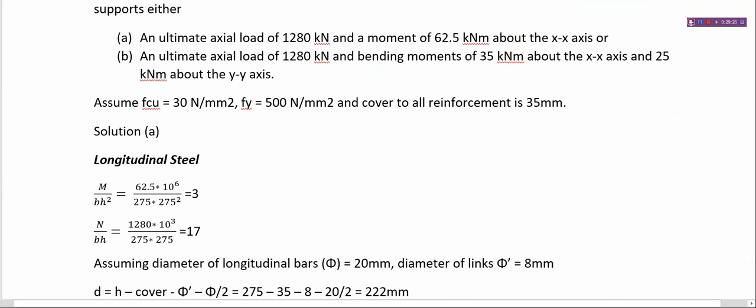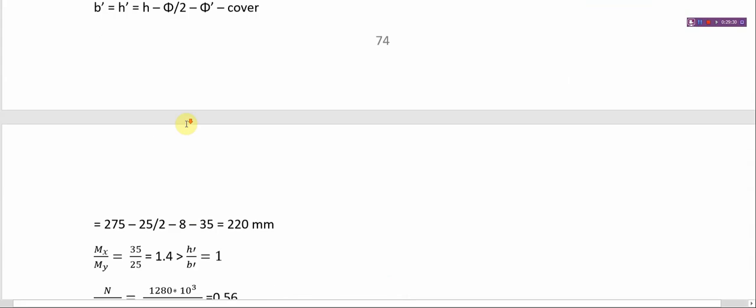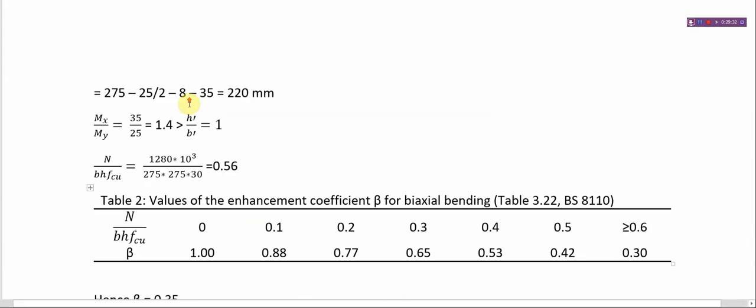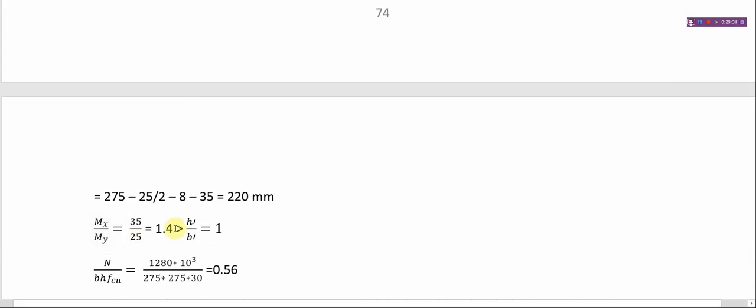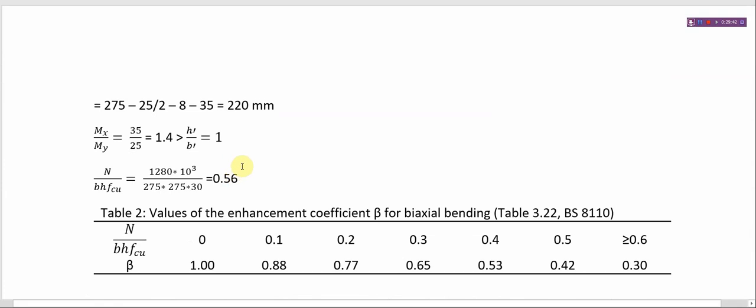You calculate that, then you now look at that condition. Is it greater than h prime over b prime? If it is yes, then we are okay. If it is no, then there's another thing we'll do, but I will explain when we get to that condition.